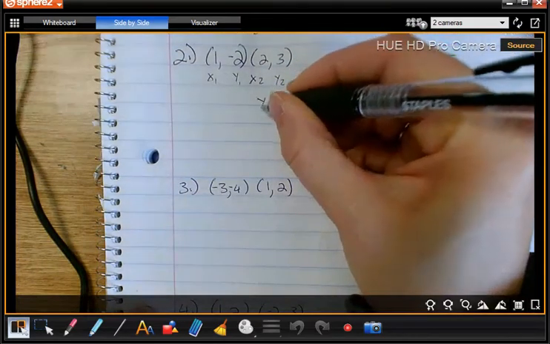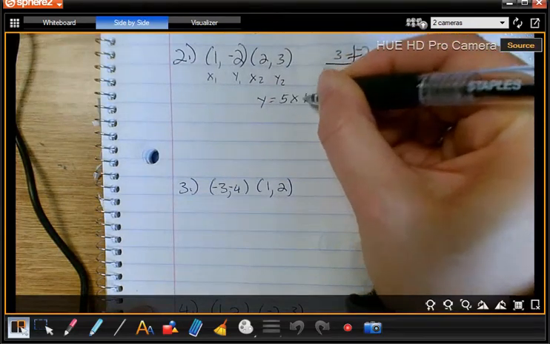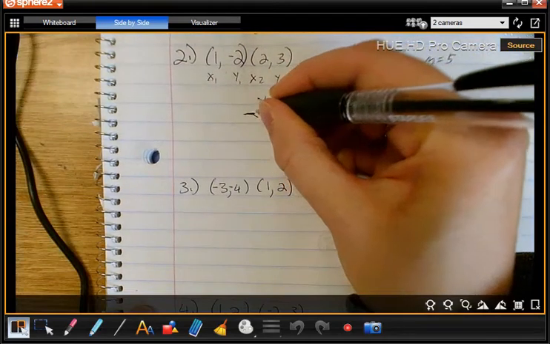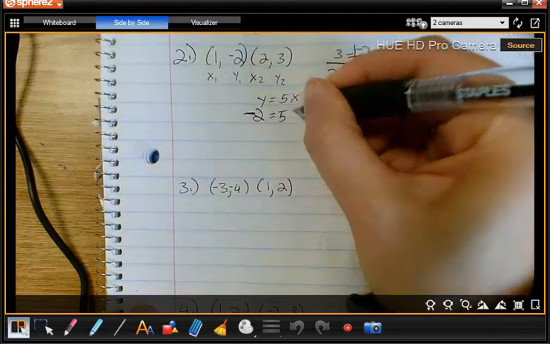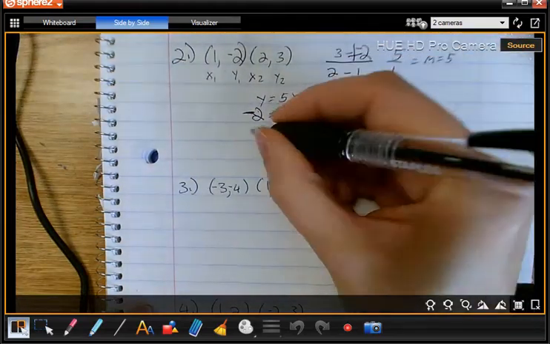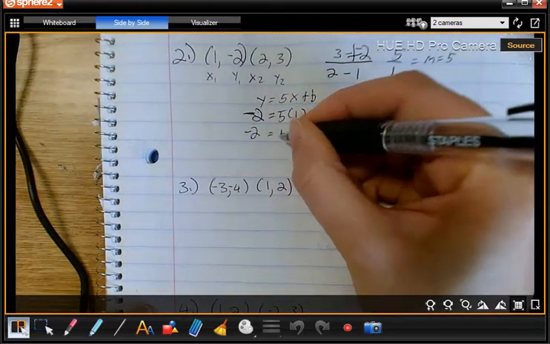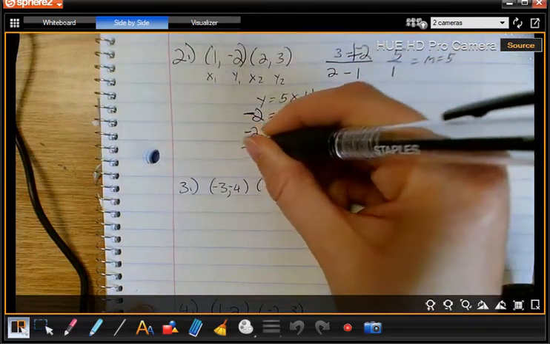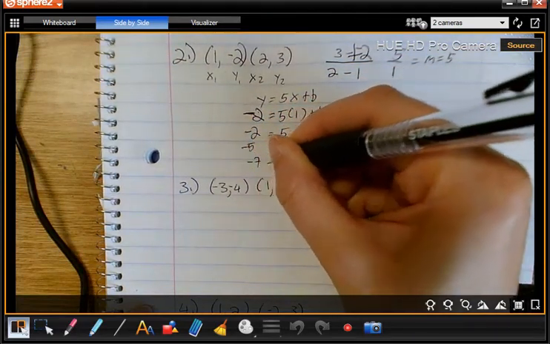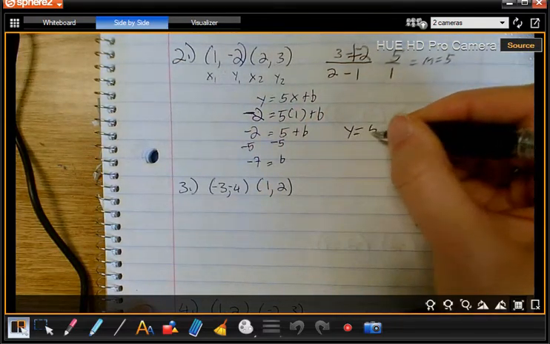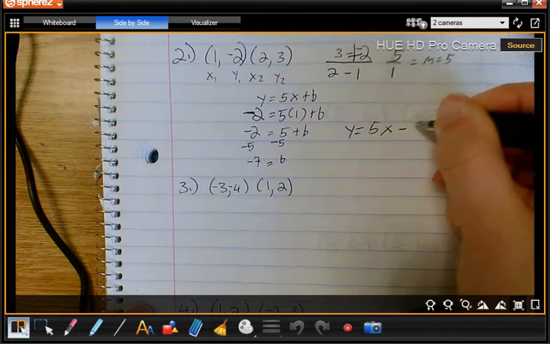So I'm going to put y equals 5x plus b. Instead of y, I'm going to put negative 2 equals 5 times 1 plus b. So I'm going to get negative 2 equals 5 plus b. I'm going to subtract 5 from each side, and I'm going to get negative 7 equals b. So that's going to be y equals 5x minus 7.